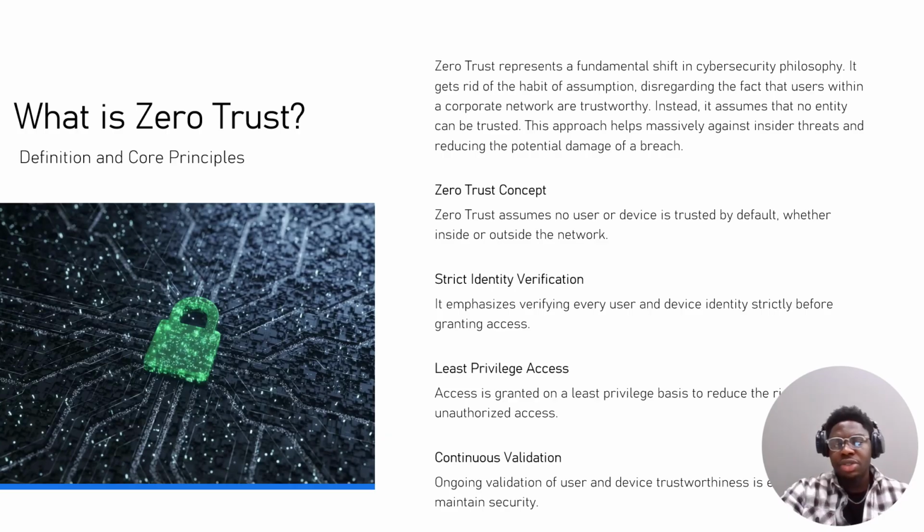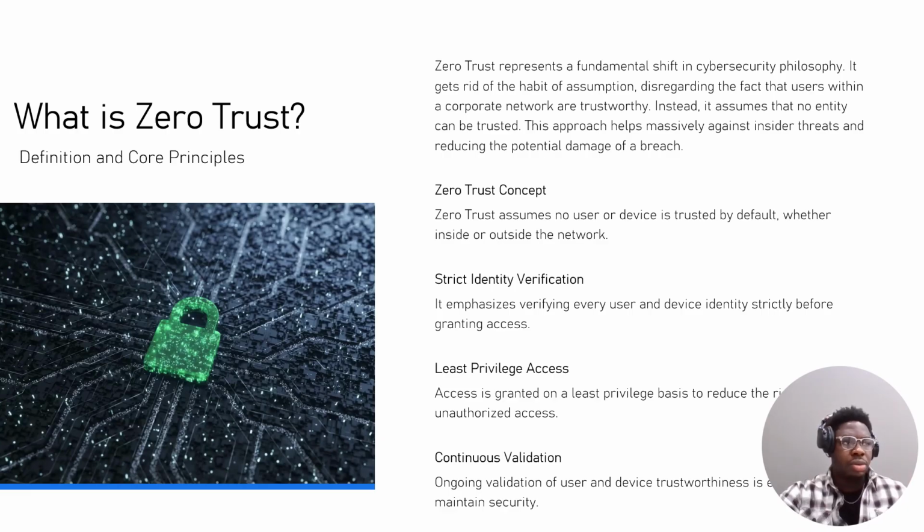When we talk about strict identity verification, this emphasizes verifying every user and every device before gaining access. Least privilege access is literally giving the least privilege access.